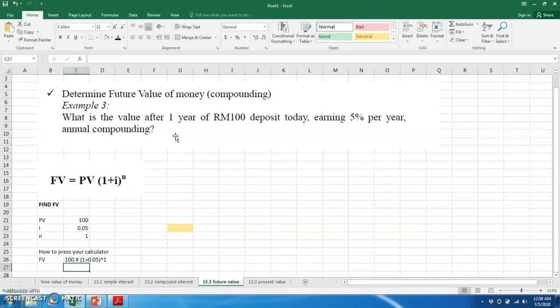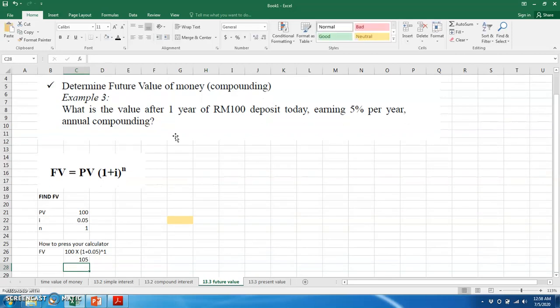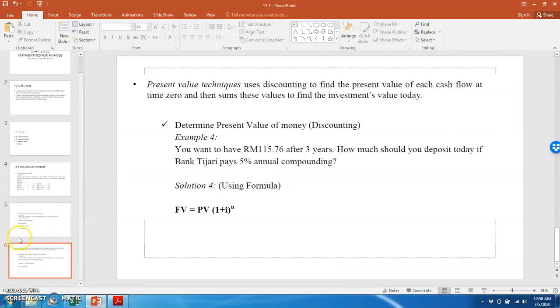This is how you press your calculator. So the answer is 105. Meaning if you have 100 ringgit today at 0.05, your future value will be 105 ringgit. That is the answer. Is it correct? Yes, it is correct.